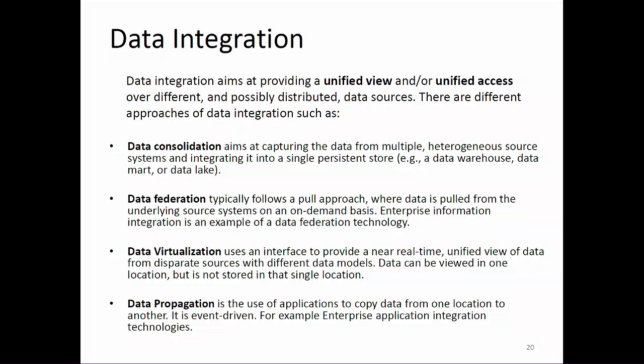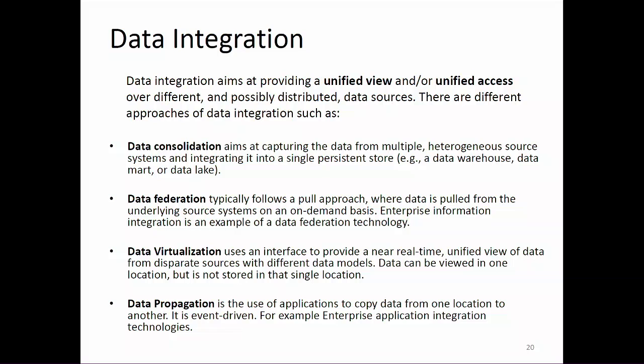For example, in a university, there may be separate servers for student data, and different departments have their own data. We have not created a central data warehouse, but when needed, you can pull in the data from different departments, and at that time you can do your analysis and the data can be integrated.